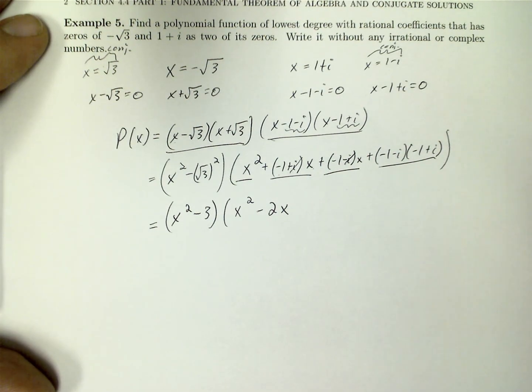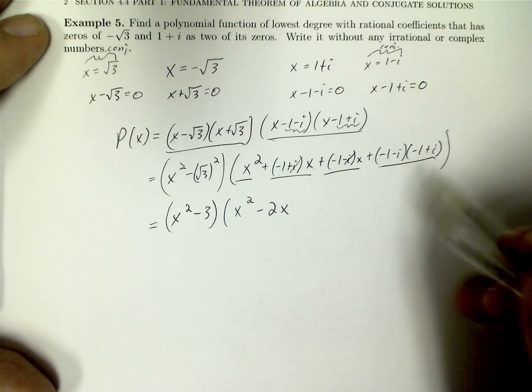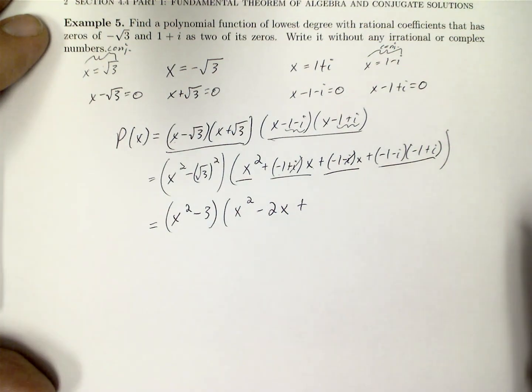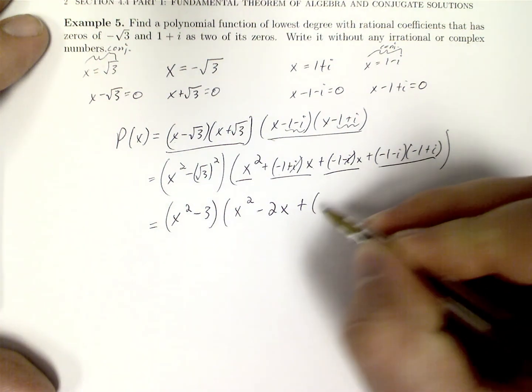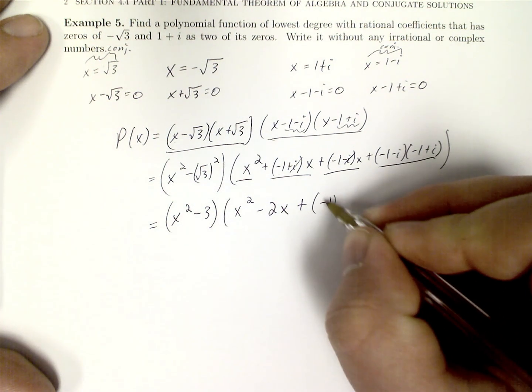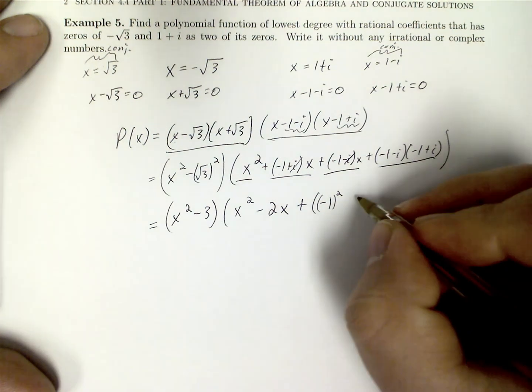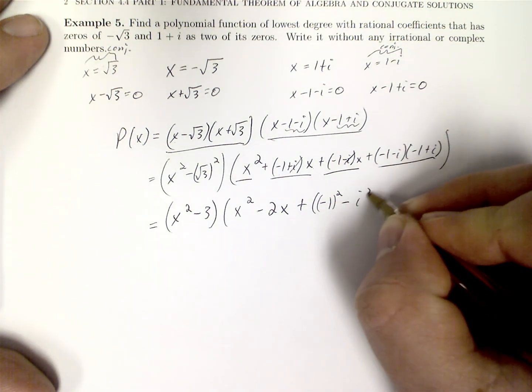And here we're just going to multiply this out to be able to see it. And this is a difference of squares. So negative 1 minus i times negative 1 plus i. So we get negative 1 quantity squared minus i quantity squared.